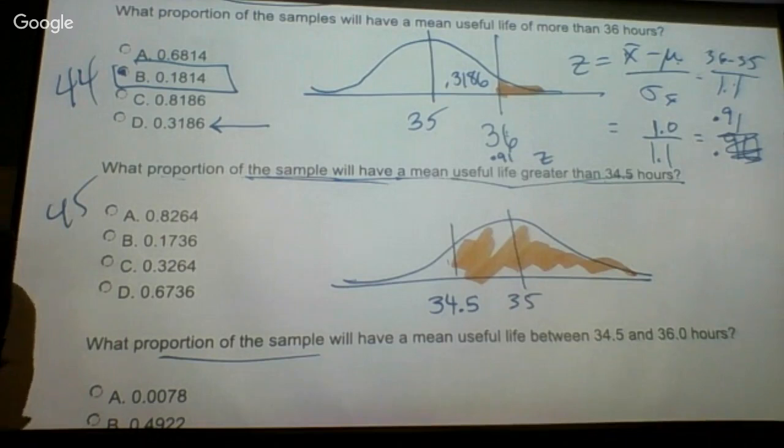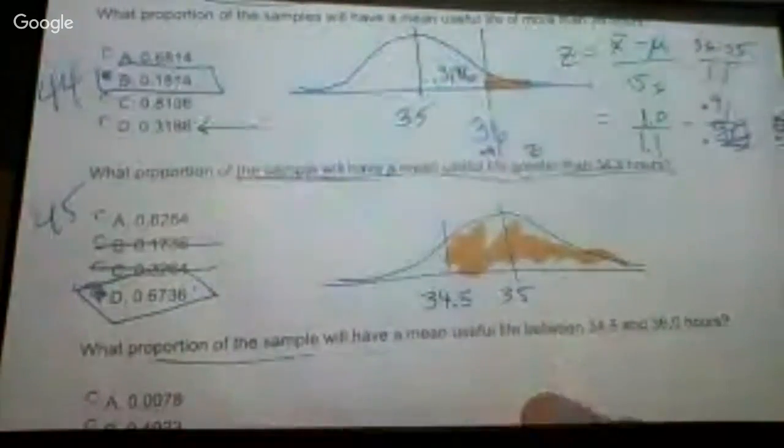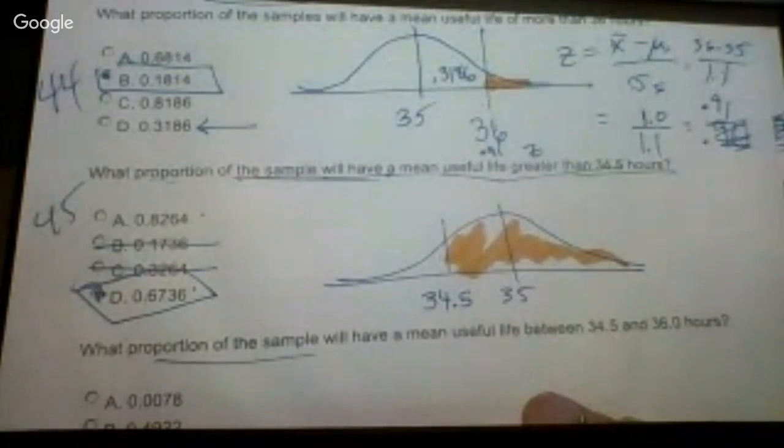B and C. Why? They're less than half. It's going to be either that one or that one. You could calculate it and do the work, or let instinct take over. What do you like? I think that's a pretty good answer. Let's see what we got.